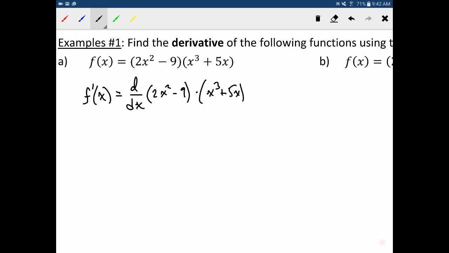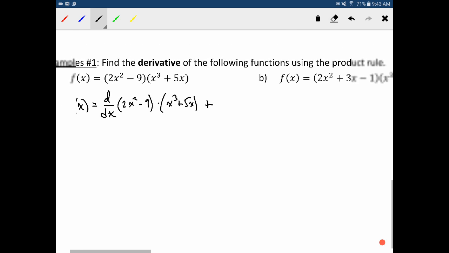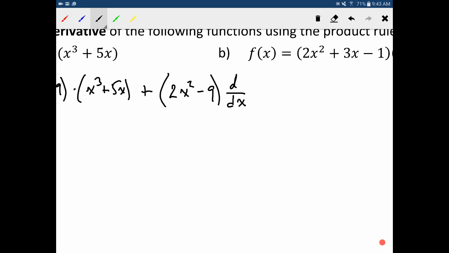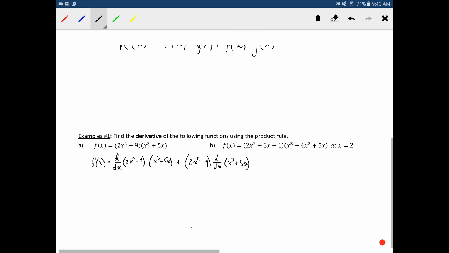We're then going to add, and I'm going to go into the side space here because some of these are quite lengthy, that's okay, 2x squared minus 9 times the derivative with respect to x of x cubed plus 5x. Okay? So there we go.